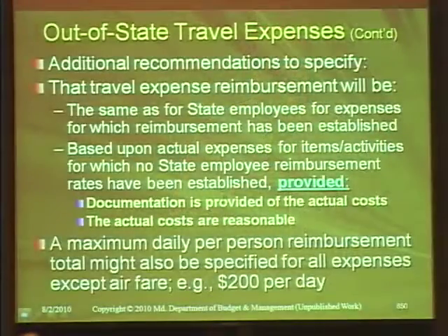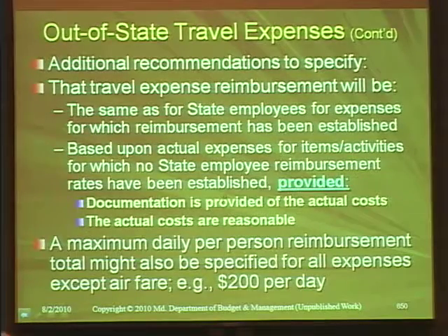They didn't take a charter flight to go from California to here when they could have done coach on a regular scheduled flight, that type of thing. And you can also give a maximum that will pay actual expenses not to exceed $200 per person per day, something like that.